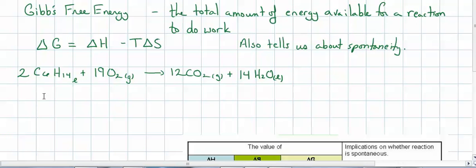We're going to say that delta G equals a negative 8326.4 kilojoules. That's the enthalpy, delta H of our reaction. This is that value right here.